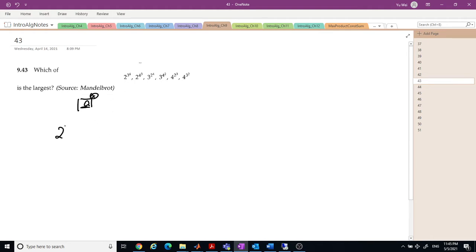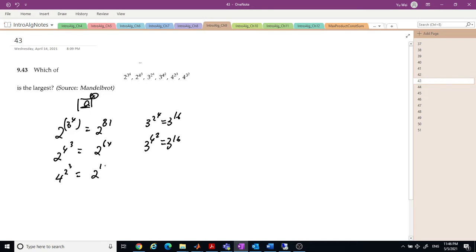Let's write them down. 2 to the 3 to the 4 is 2 to the 81, and 2 to the 4 to the 3 is 2 to the 64, and 3 to the 2 to the 4 is 3 to the 16, and 4 to the 2 to the 3 is 2 to the 16, and 4 to the 3 to the 2 is 2 to the 18.